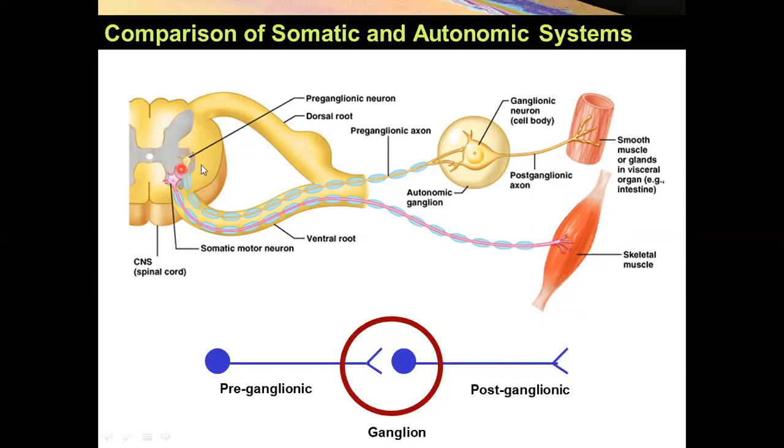If this is sympathetic, between T1 and L2 spinal segments, and if this is at the level between the S2 and S4 spinal segments, this is the pre-ganglionic parasympathetics.